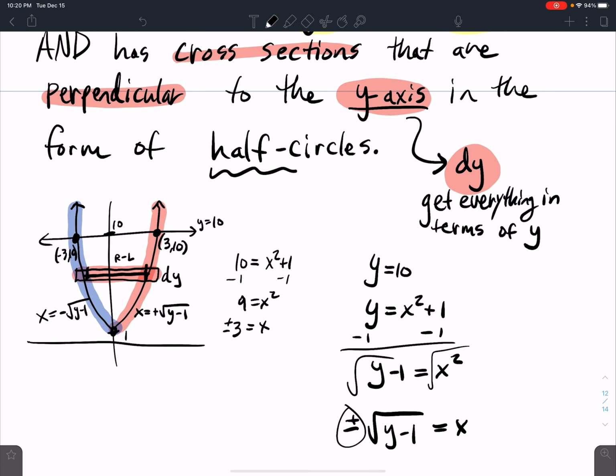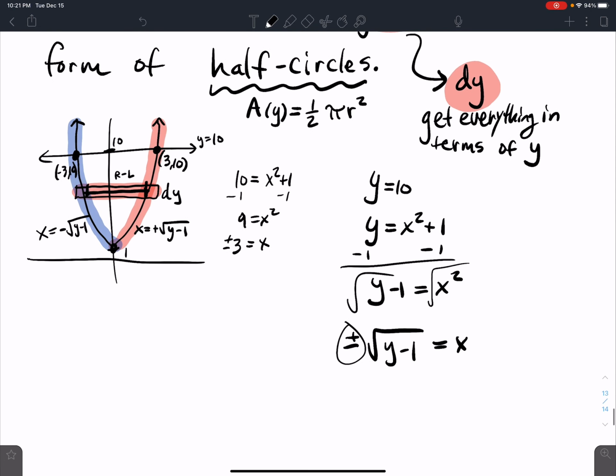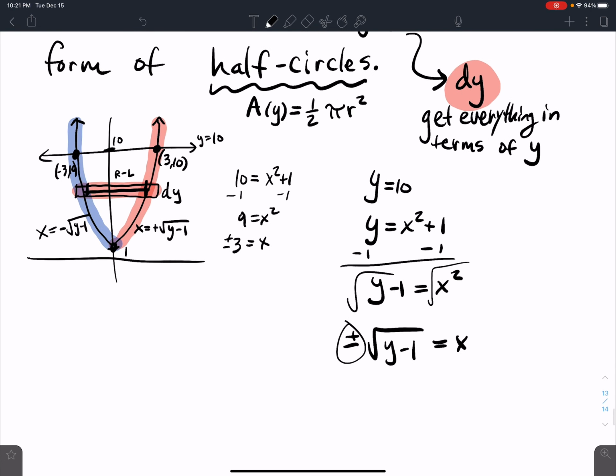The cross sections are half circles, so to find the half circle, I do 1/2 of pi r squared. What do I need to figure out? Do I need the entire distance across here? No. Think about a half circle, so think about this half circle here.